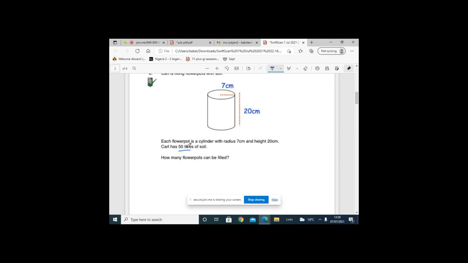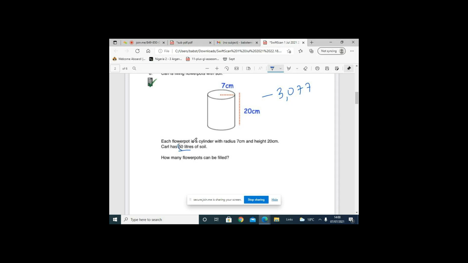But let me just double check, maybe your answer is right on that. Yeah, you made a mistake on this one. So the volume of this flower pot is 3,077.